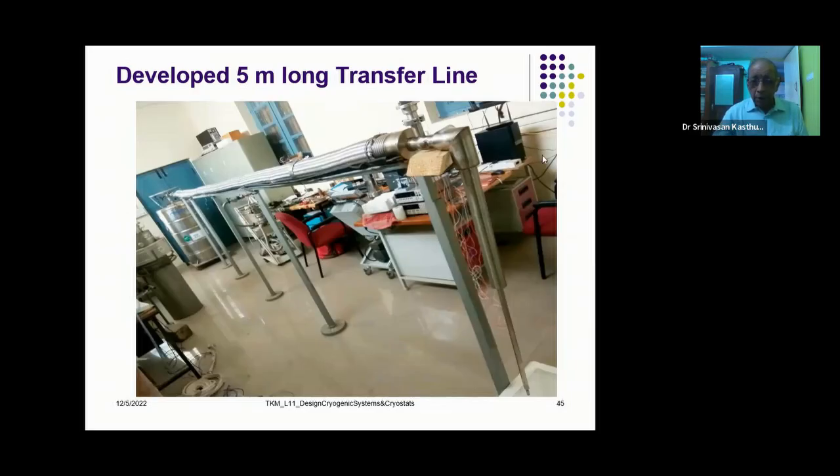You can see here the appropriate end coupling, as required by the user. This is an experimental line, so people have used feed-throughs, but in a practical line where no experiments are going to be done, this can be avoided.